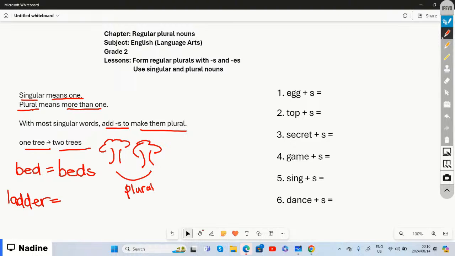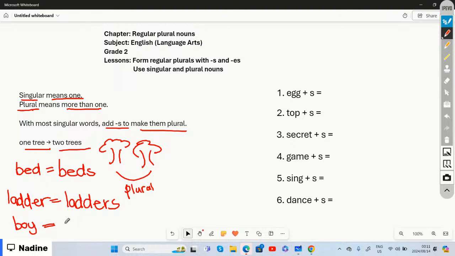All right, we have one ladder, but if there are two of those, we say we have two ladders. One boy, there's one boy in class, but the rest of them are standing outside.